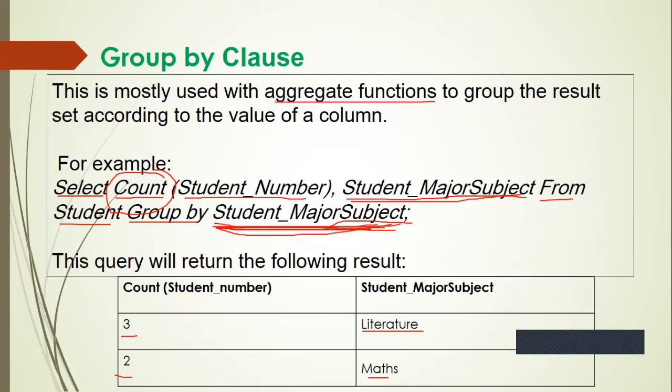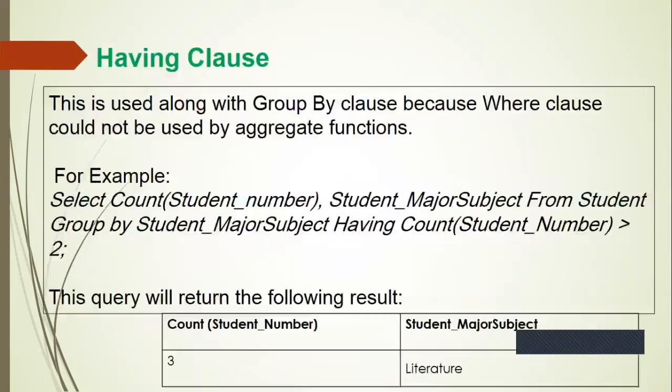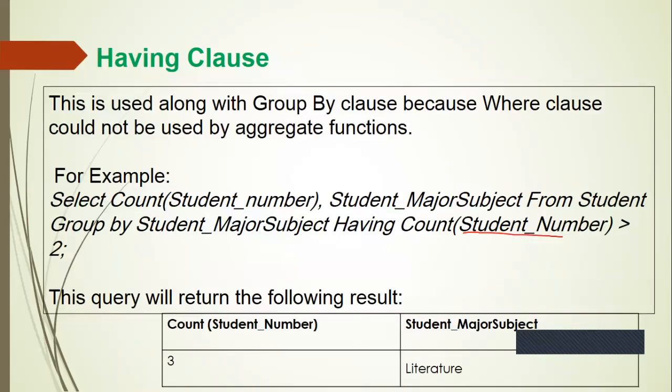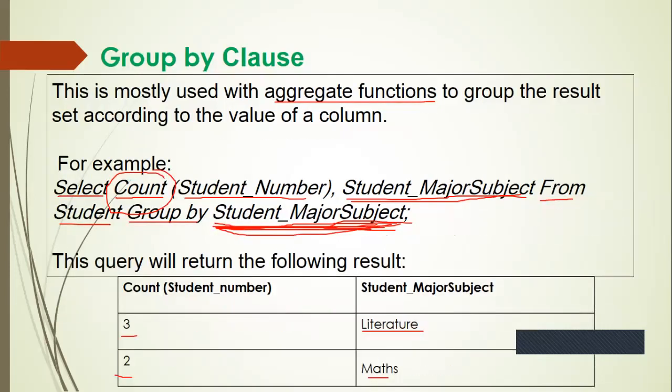The same thing: select from table name, group by student major subject, having count of student number which is greater than 2.